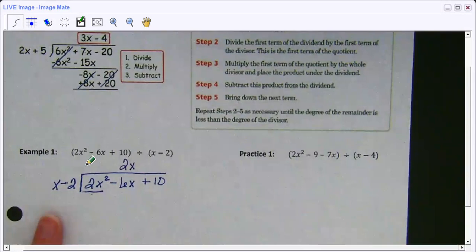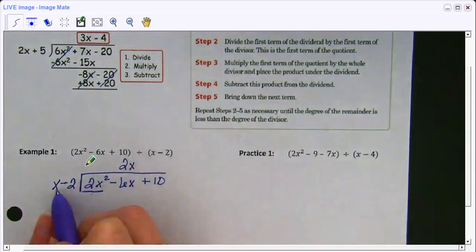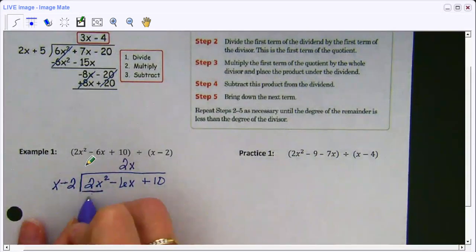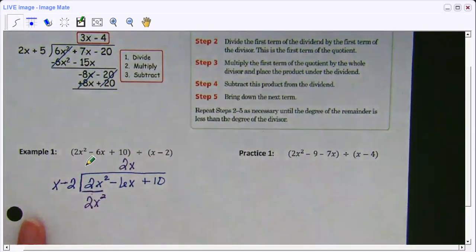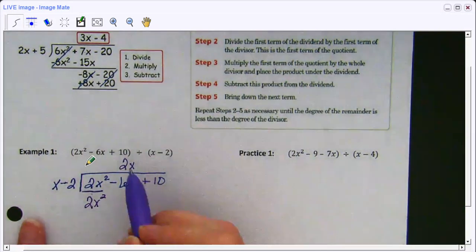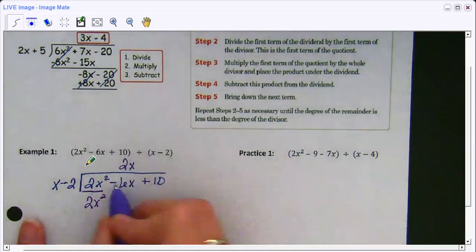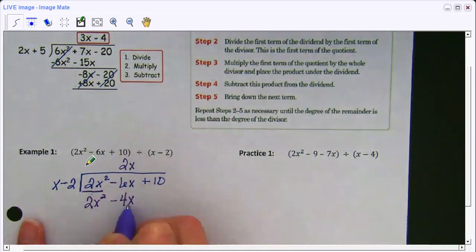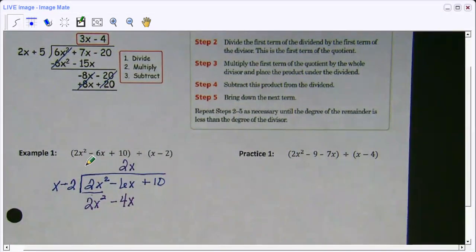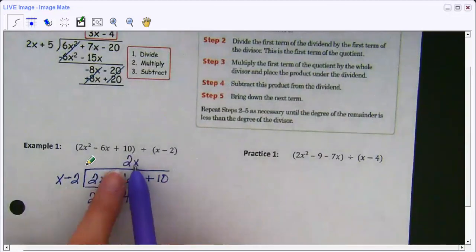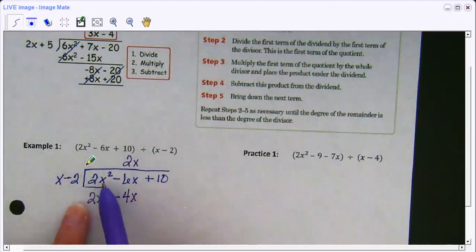Okay, so see what I do here. 2x times x is 2x squared. 2x times a negative 2 is a negative 4x. Why did you bring down the exponent? What exponent? This one? I have to multiply 2x times this whole term.